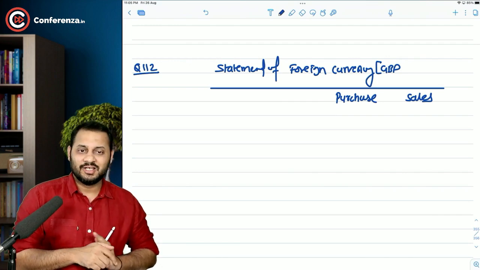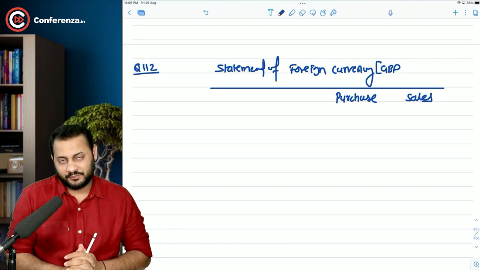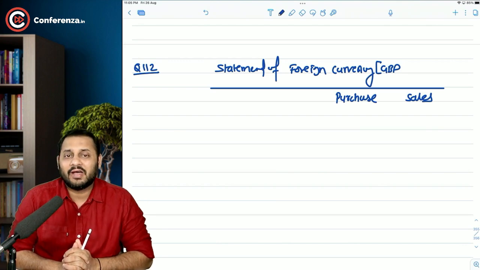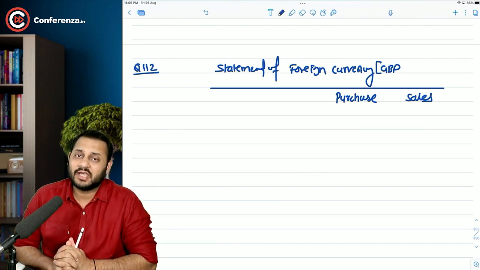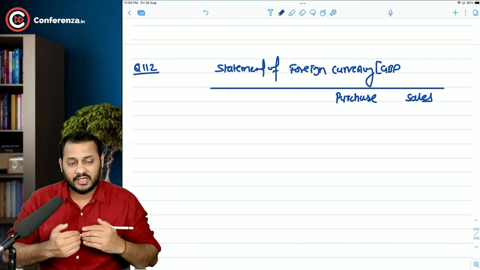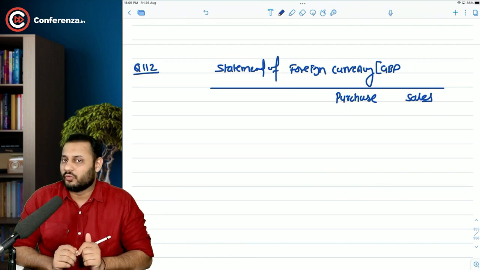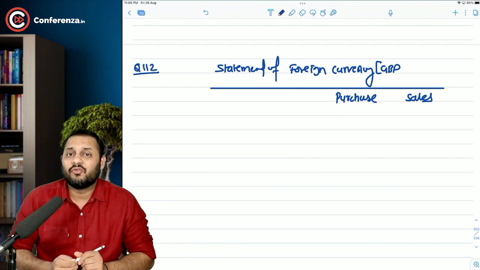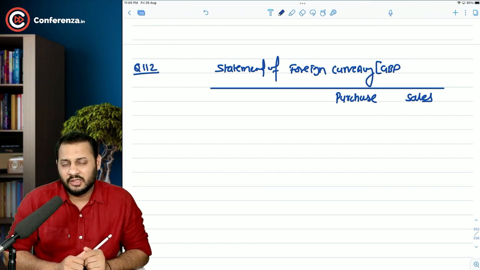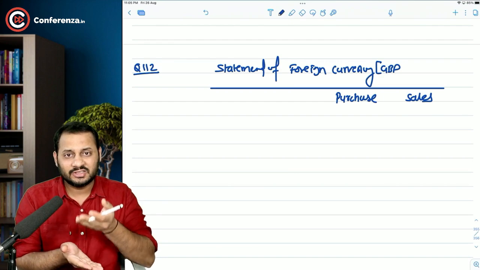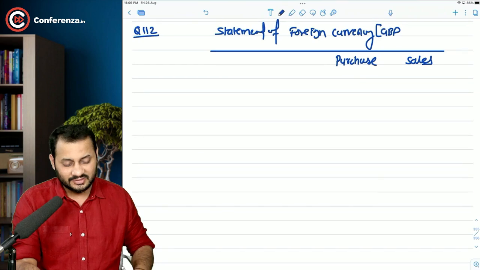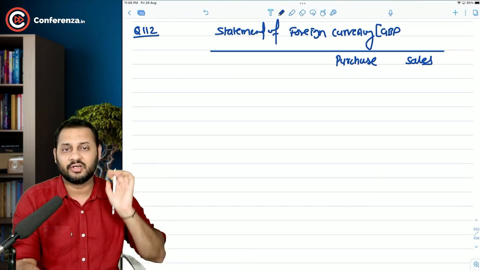If I write something in the purchase or sales column, it may not mean that we have actually purchased it and the cash has gone out, or that we have received it. Even if I take a forward buy contract, I will write that amount in the purchase column, and forward buy means just a contract, not a real cash flow today. So that's just a statement of your position in foreign currency.